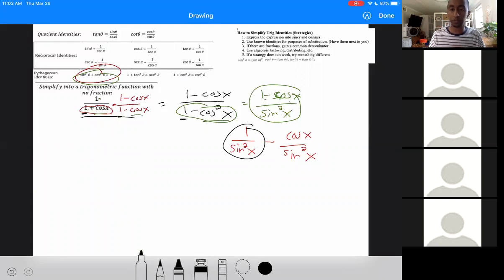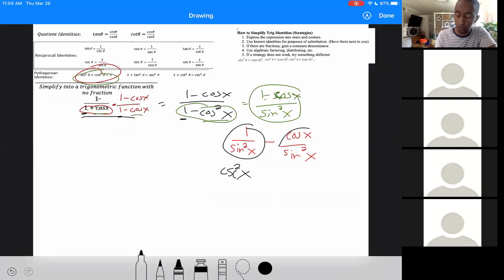To get rid of the fraction. Cosecant squared works. That's that quotient identity, right? Now we got rid of the fraction. That's our goal here for this problem.